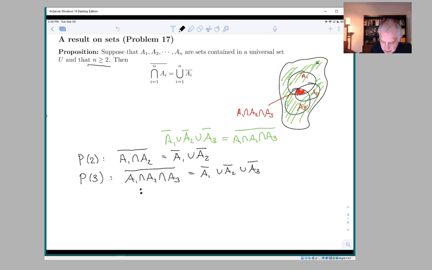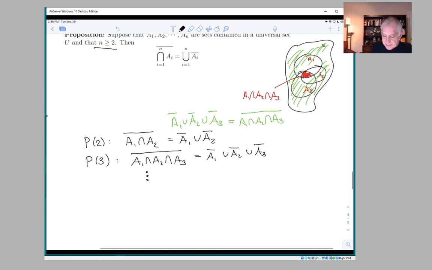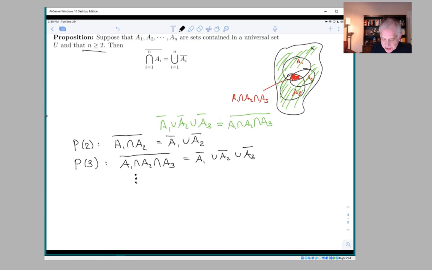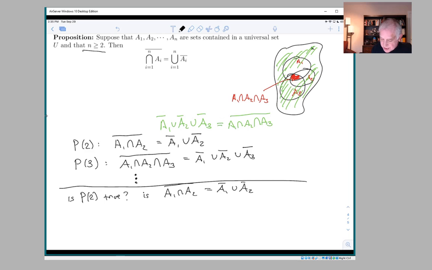and so on. So to prove this by induction, we need to check that our first case, which in this case is the case where we have 2 sets, P of 2, is P of 2 true? Is it the case that the complement of A1 intersect A2 is A1 complement union A2 complement? Well, x is in the complement of A1 intersect A2 means what?